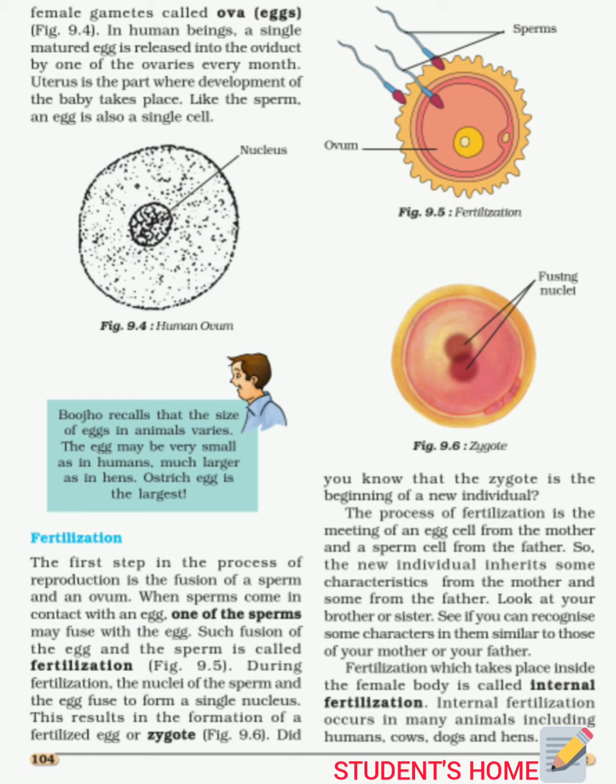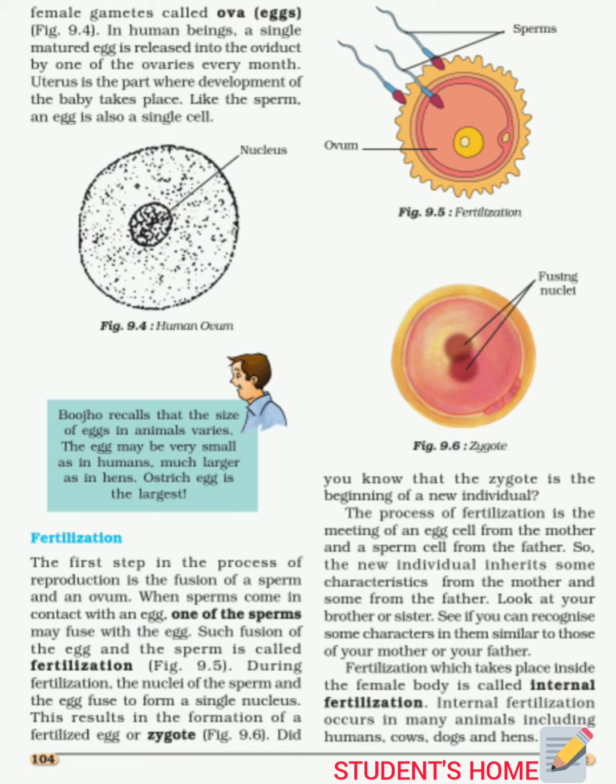During fertilization, the nuclei of the sperm and the egg fuse to form a single nucleus. This results in the formation of a fertilized egg or zygote. Did you know that the zygote is the beginning of a new individual?